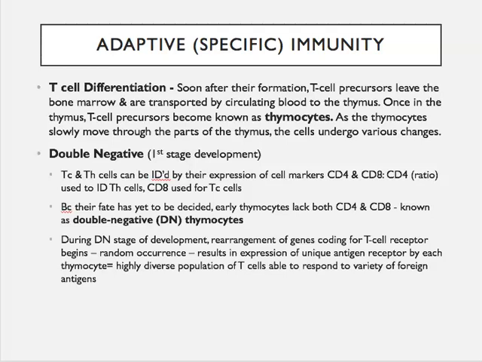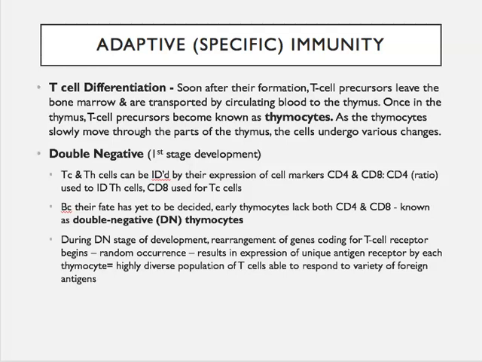So 60 to 80% of circulating lymphs are T cells, which increases the likelihood of coming in contact with foreign antigens. This maturation process in the thymus takes up to about 3 weeks. Thymus secretions attract T cell precursors and cause that maturation.